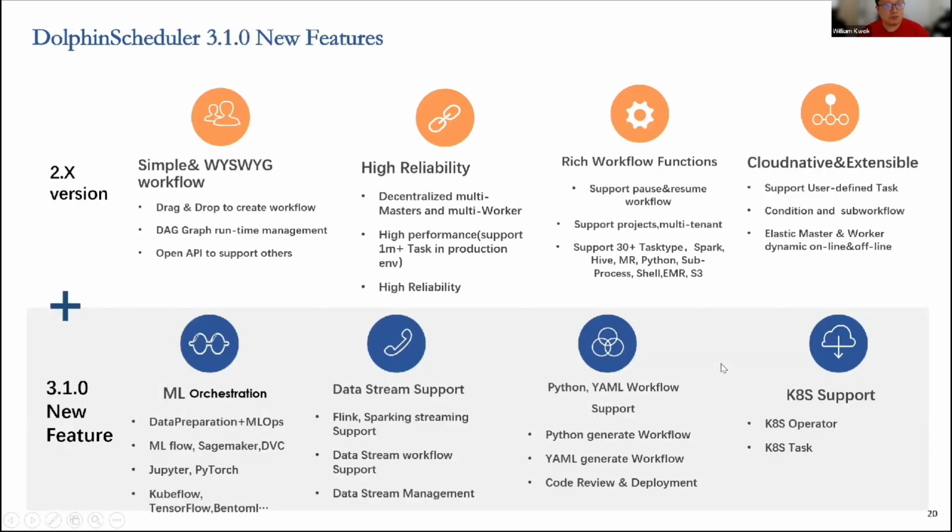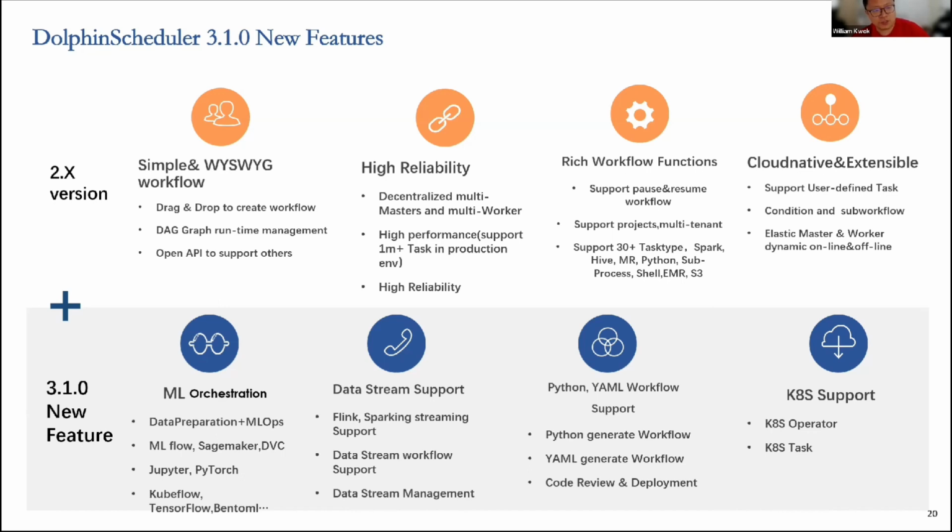Now I want to introduce some new features of DolphinScheduler in 3.10. In 2.0, DolphinScheduler had many features like simple what-you-see-is-what-you-get workflow, high reliability, and rich workflow functions, cloud native and extensible. But there are more new features in 3.10.